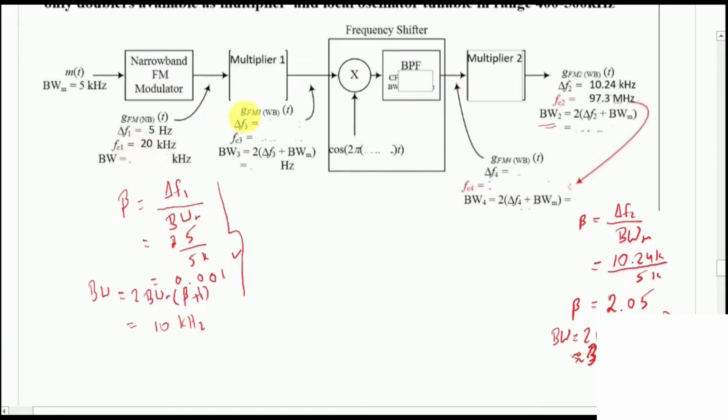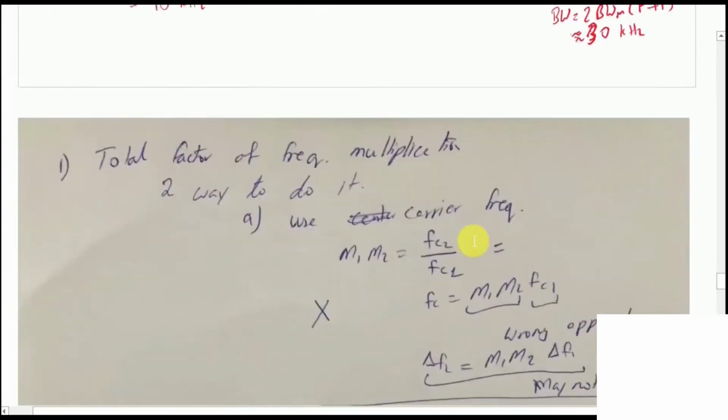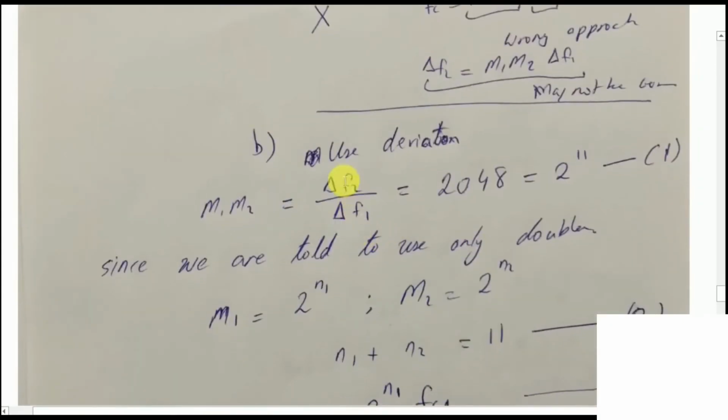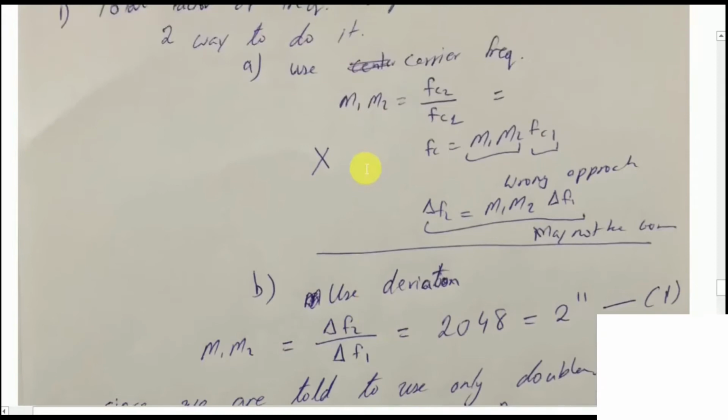Note that in this scenario we can achieve FC2 from FC1 through the multipliers as well as in combination with the frequency shifter, or by use of the local oscillator over here. So this is actually the approach that we need. The division has to be in terms of frequency deviation, because the frequency shifter does not play any role in it. So this is our second method, the correct approach.